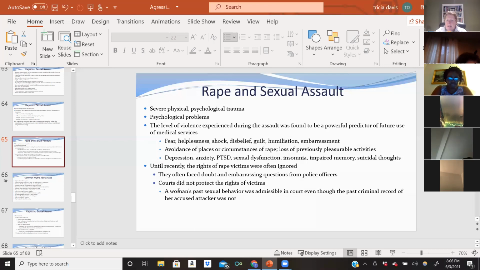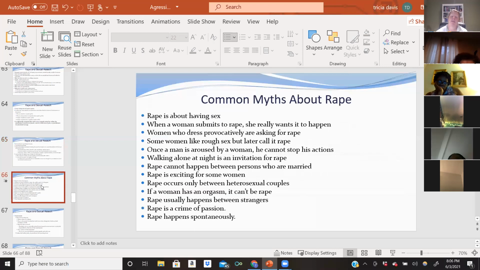So it was very common that a woman's past sexual history or behavior could be admissible in court as evidence, but they weren't allowed to bring up the past criminal record of the accuser, even when that past criminal record included rape. We don't really see that too much anymore. This was years back. So these are some common myths about rape.